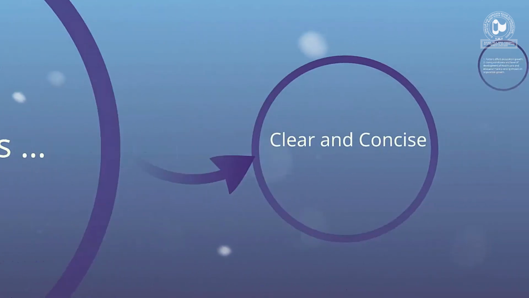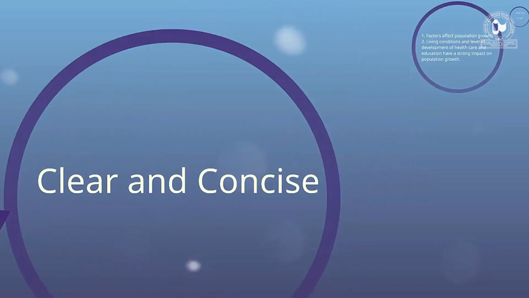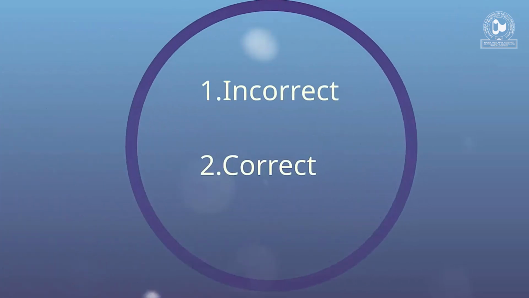Second, your thesis statement should be clear and concise. Don't be vague, otherwise you cannot capture the reader's attention. Well, take another minute and say which of these examples is correct and which is incorrect. Right.